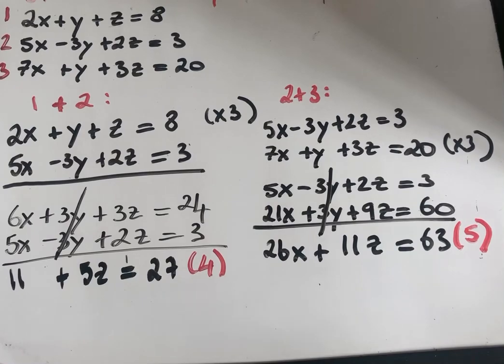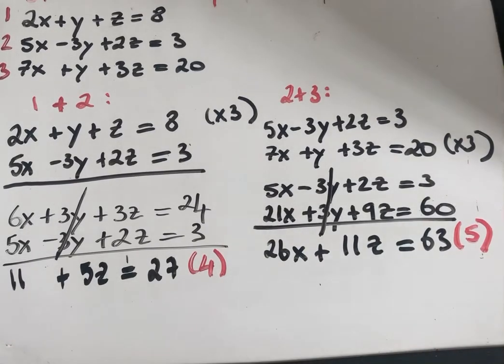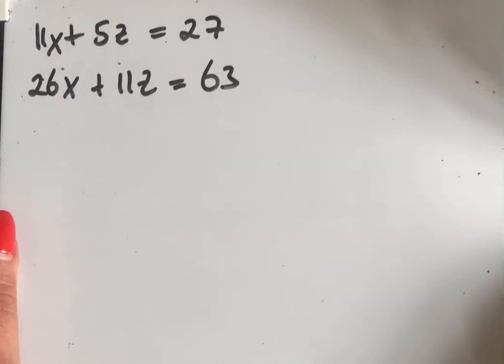So we're going to come along now and we're going to put equation 4 with equation 5. So we have 11x plus 5z equals 27, and we have 26x plus 11z equals 63. So here we go.